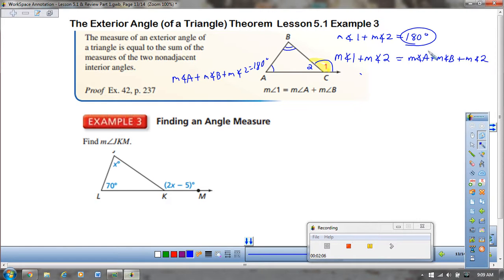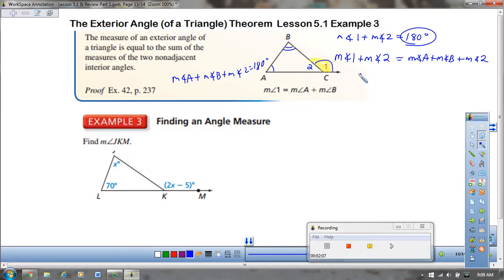By substitution, we know this. Then the thing we want to look at is that angle 2 is common to both sides. So we have a property that says if the same amount is subtracted from both sides of the equation, the results are going to be equal.